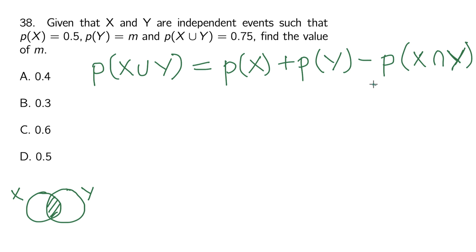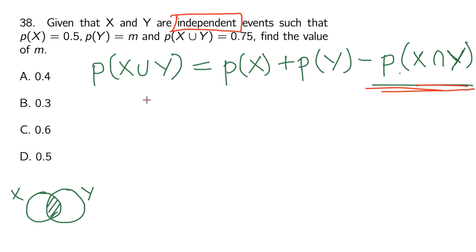So you have to subtract it once so that it's not overcounted. So we just substitute these values. Now here we've been told explicitly, unlike in the other question where we were not told, that they are independent. That means that when you have the intersection, you can just multiply.